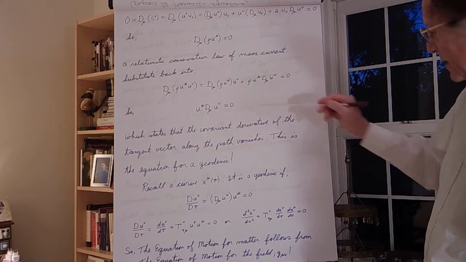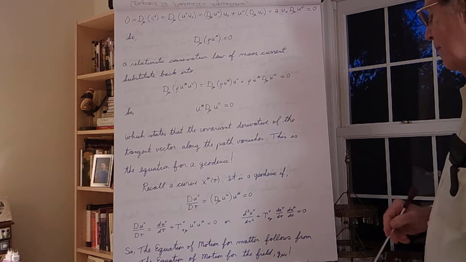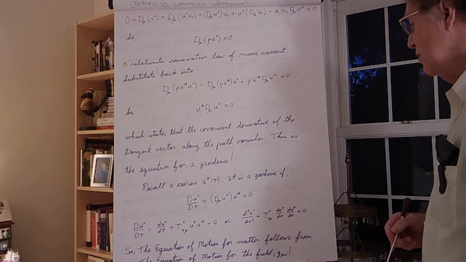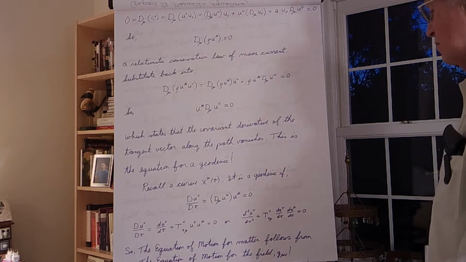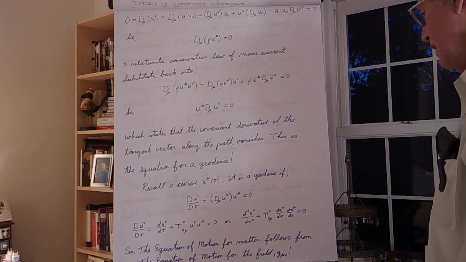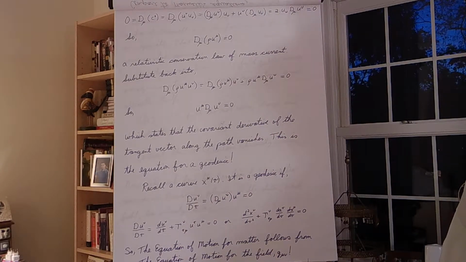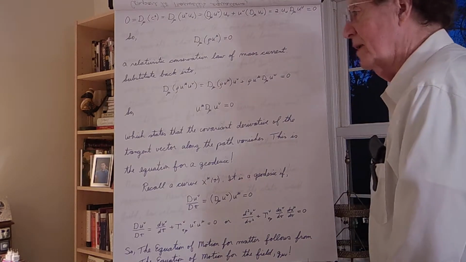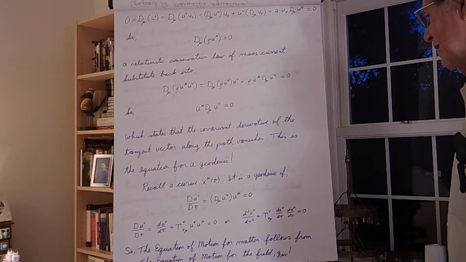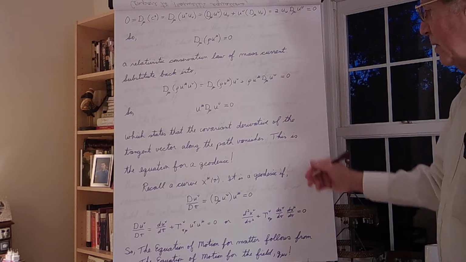And then if I write this out in terms of the position of the particle and how it's moving as a function of tau, which is a parameter along the curve, then I get another expression, which is my geodesic equation, which we studied a great deal in our course on classical differential geometry.